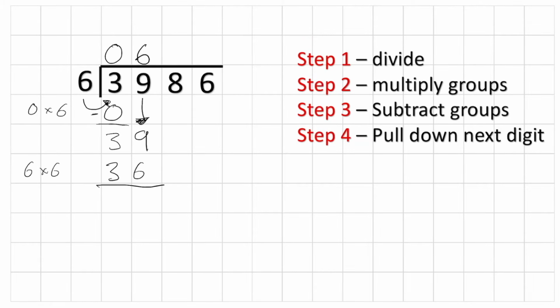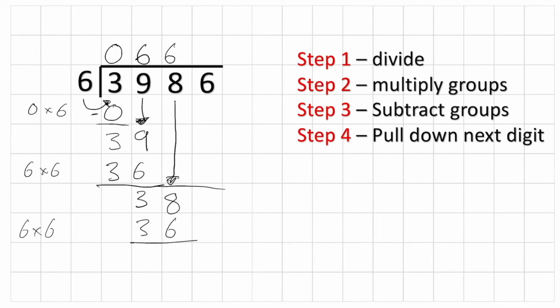Subtract 36 from 39 leaves me with 3. Now I can pull down my 8. And my next question says, how many 6s are there in 38? 6, 12, 18, 24, 30, 36. I can't go any higher than that again, so I have 6. Again, 6 times 6 is 36.